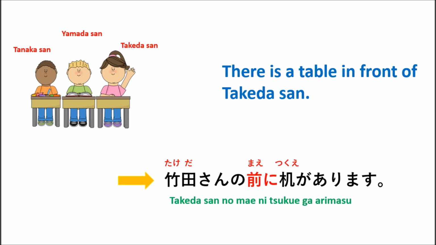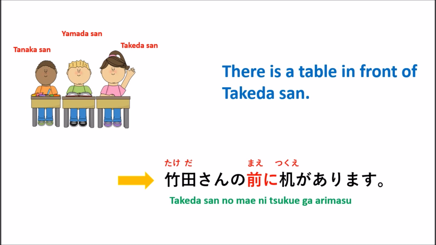If you put no between the person's name and mae, it means in front of that person. Tsukue means table. Arimasu means there is or there are. So tsukue ga arimasu means there is a table.